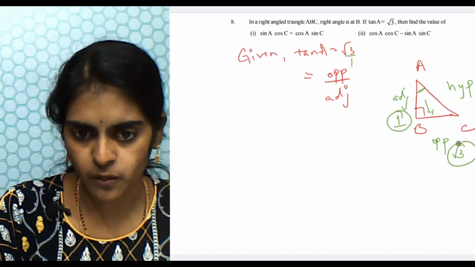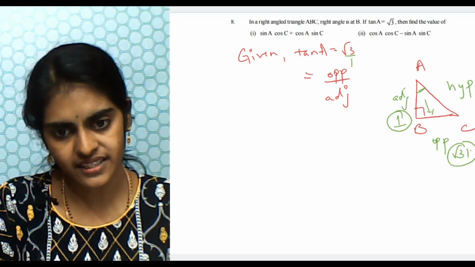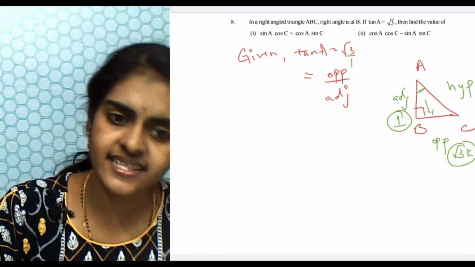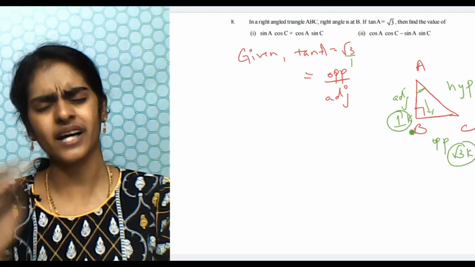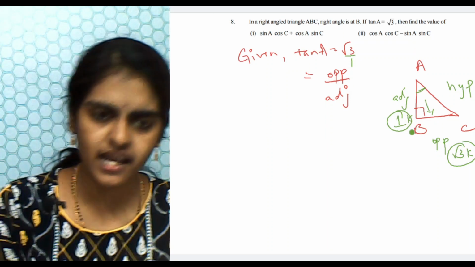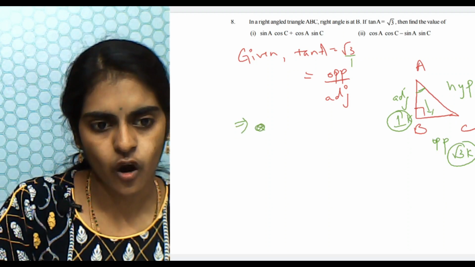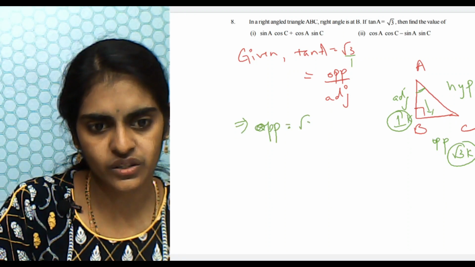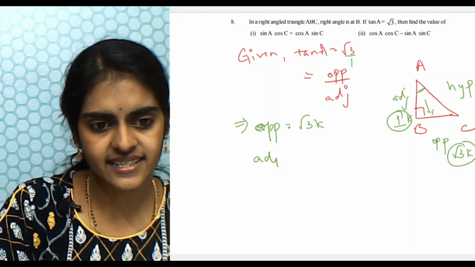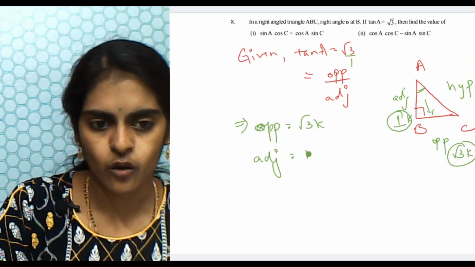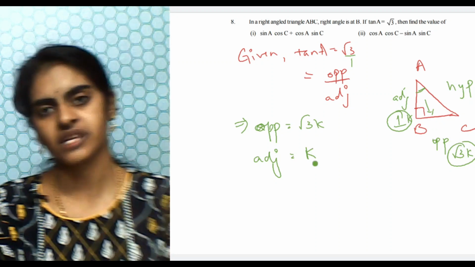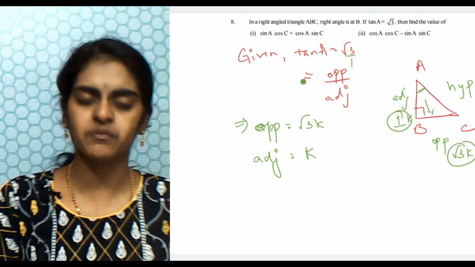So the opposite side is root 3k and the adjacent side is 1k, and 1 into k is nothing but k. Understood? A simple, similar problem.